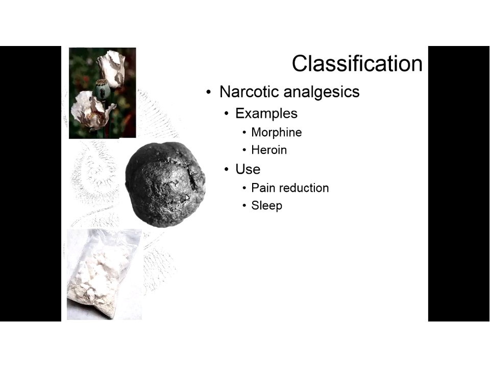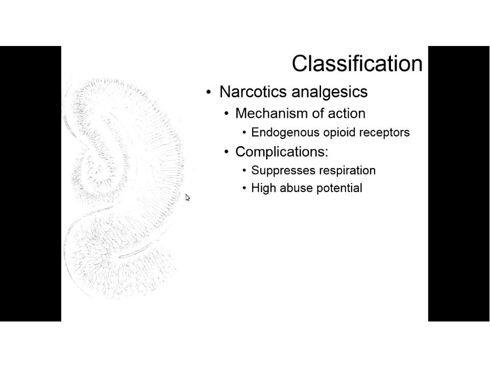So when you think about mechanisms or those routes of administration, heroin is going to zoom through there, whereas morphine is going to take a little bit more time. It can still get through, but heroin is going to be more soluble and get to the brain quicker. The site of action, again, is at those endogenous opioid receptors that we were talking about.